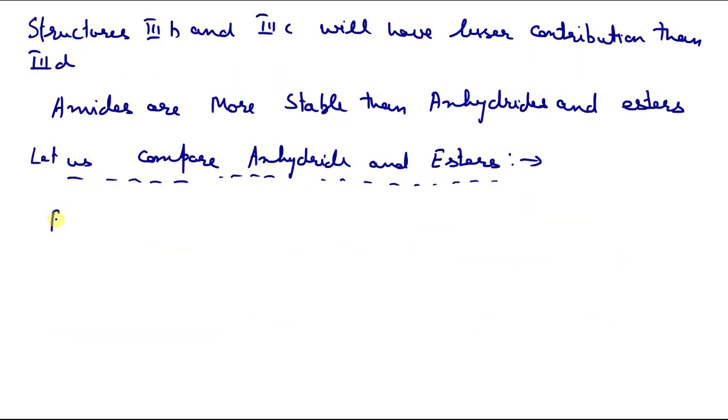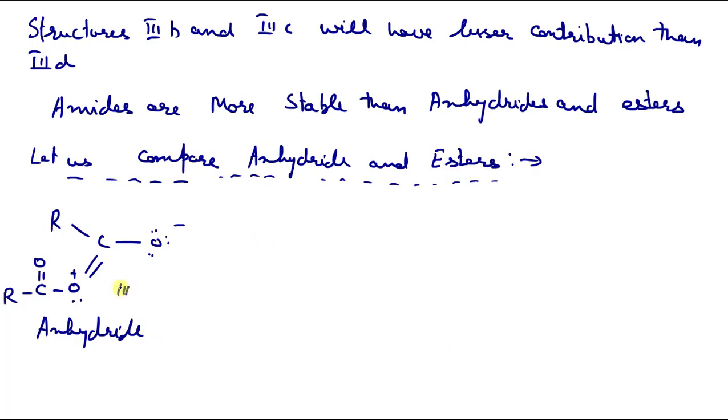For anhydride, it is RC-O negative double bond O positive, C double bond O R. This is anhydride, this is 3B. Ester is RC-O negative double bond O positive R dash. This is ester, and R dash is an alkyl group.